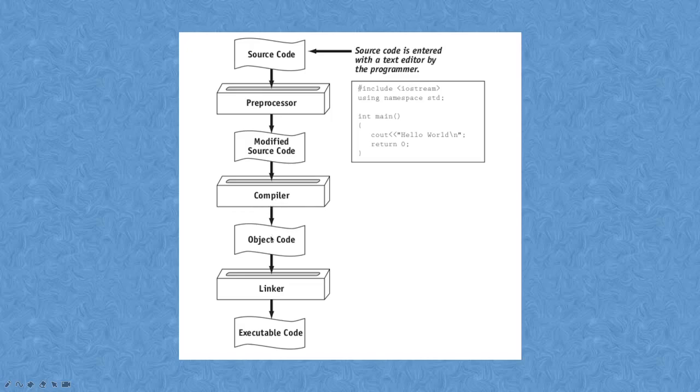Now the compiler translates it to something that a computer can understand, but the computer can't run this. It can't execute this. It still needs the linker to link some other runtime libraries. The runtime libraries contain hardware specific stuff, or other things that you don't have to write yourself.